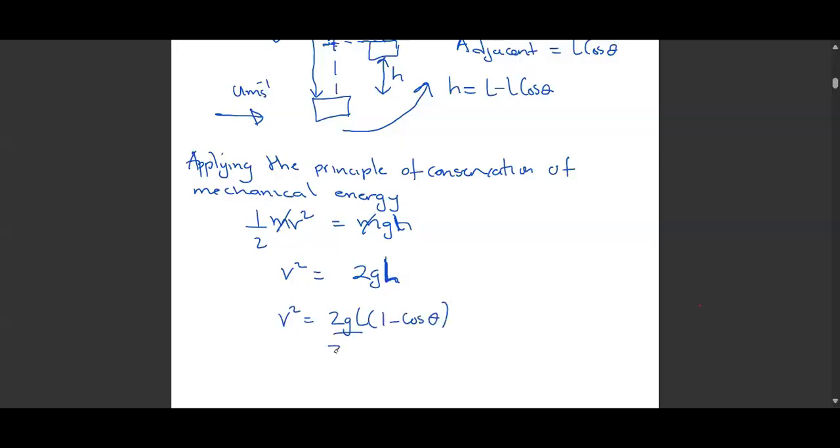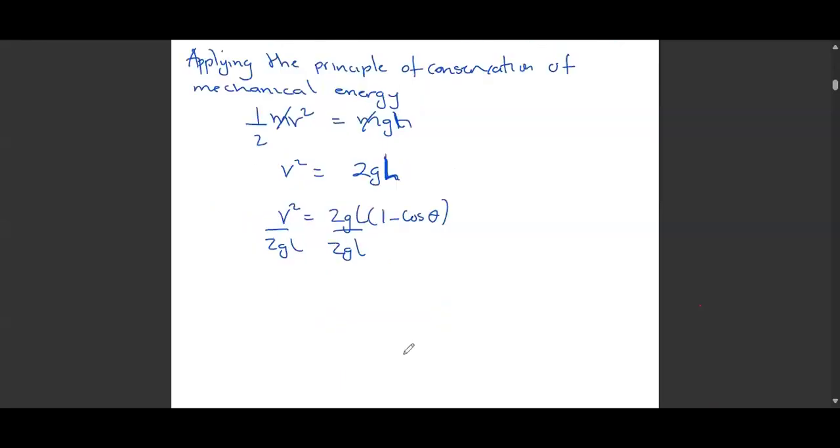So dividing both sides by 2gL, our v squared divided by 2gL is going to equal 1 minus cos theta. Now, this cos theta is going to go the other side, and this comes this side. So we shall come up with cos theta equals 1 minus v squared divided by 2gL.